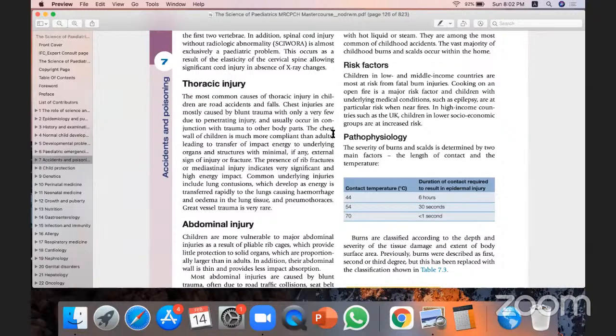Now thoracic injury, abdominal injury. Remember that in children, thoracic injury is more dangerous than in adults. Why? Because their rib cage is soft. So any impact force goes directly to the lungs. What happens in the adult? An adult's rib cage is strong, so it resists the force.